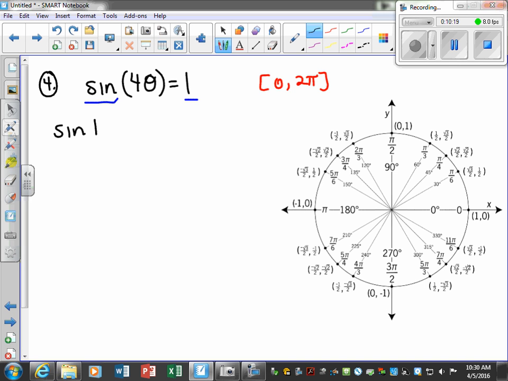So sine is equal to 1 at pi over 2. Okay, so what we have to do is this is not just theta, that's 4 theta. So we're going to account for that by saying, well, 4 theta is equal to pi over 2.